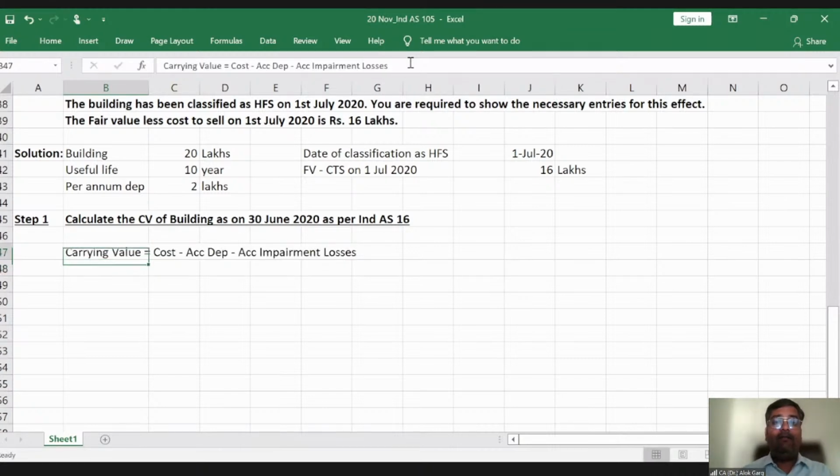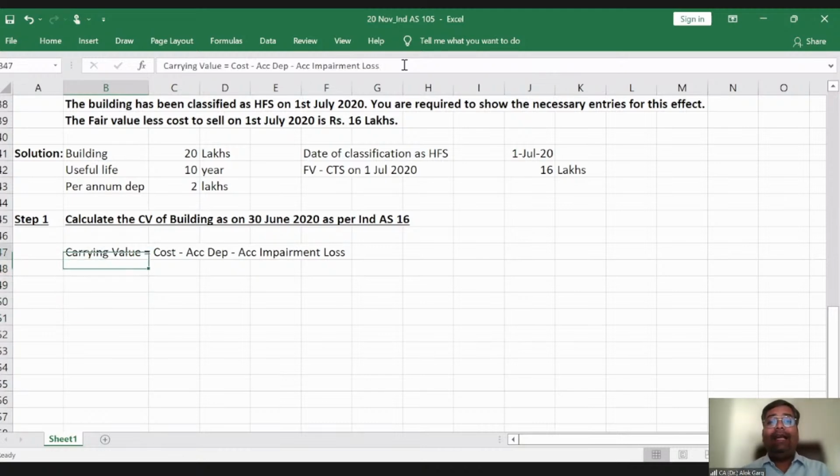This is the definition of carrying value. Okay. Clear?